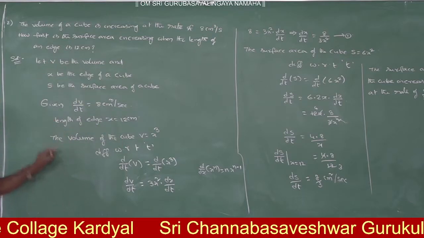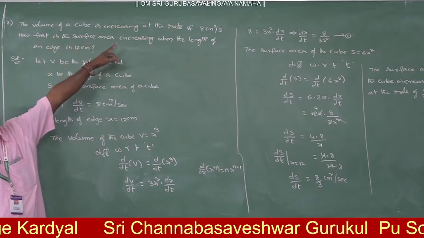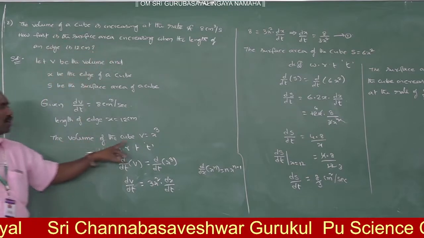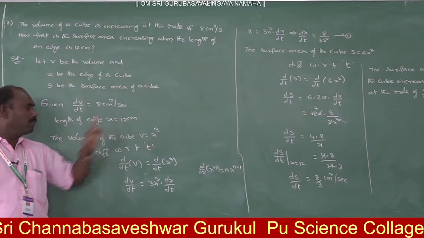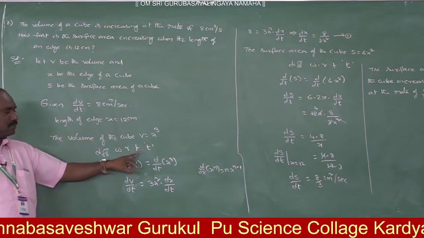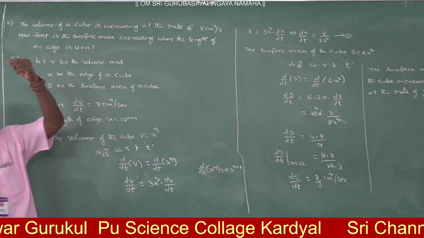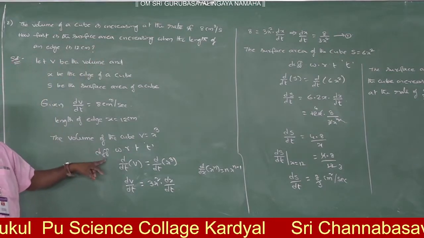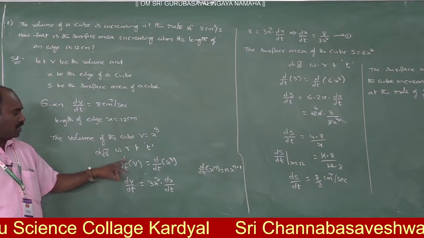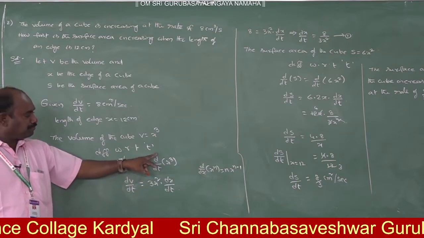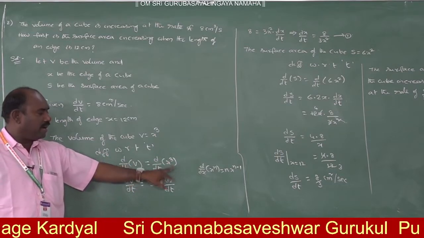First you have to write the volume. The volume of the cube is increasing. So write the volume of the cube. V equal to x cube. Here differentiating with respect to t. Time is not given in the condition, so we have to take the time t. Differentiating with respect to t. So d by dt of V equal to d by dt of x cube.